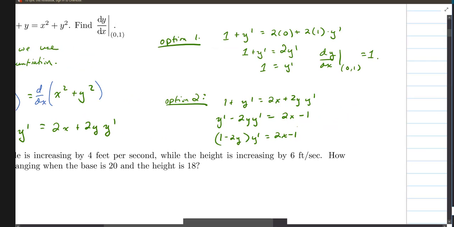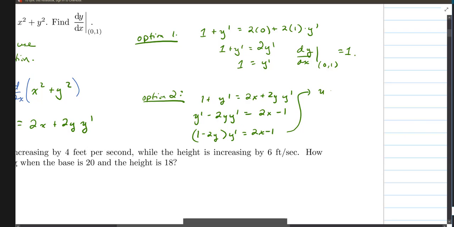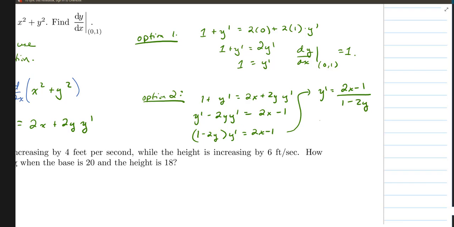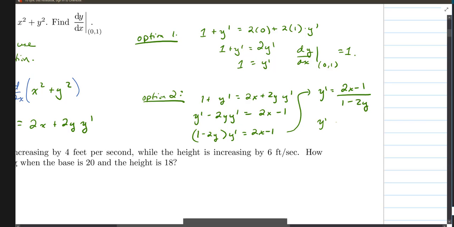And so at long last, we find that y prime is equal to 2x minus 1 all over 1 minus 2y. Now we can go ahead and evaluate this. We could evaluate y prime when x is 0 and y is 1. But notice in this case, we still end up with 1. So you could do this problem either way.